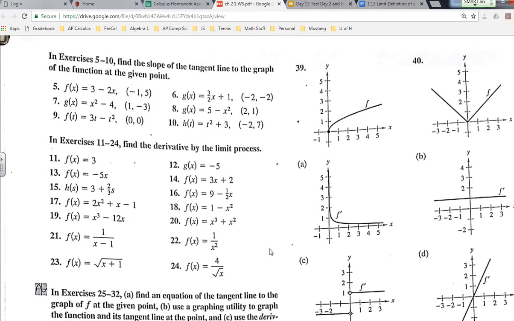I'm going to work 2 or 3 with you guys just to make sure we remember we're doing them right. Here's my equation, 3 plus 2/3 s.